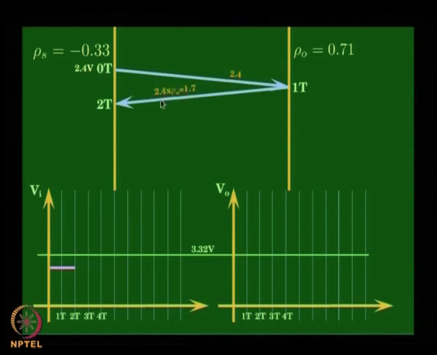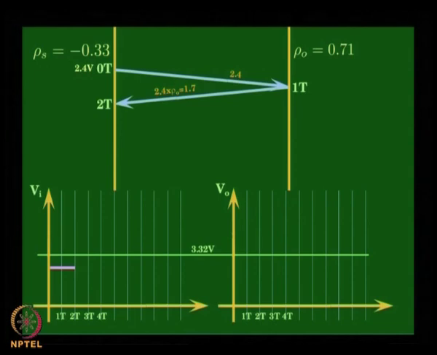Look here, 2.4 multiplied by the reflection coefficient of 0.71 will be 1.7 volts, that is getting reflected and reaching here at 2 t. And this 1.7 volt has reached this boundary.